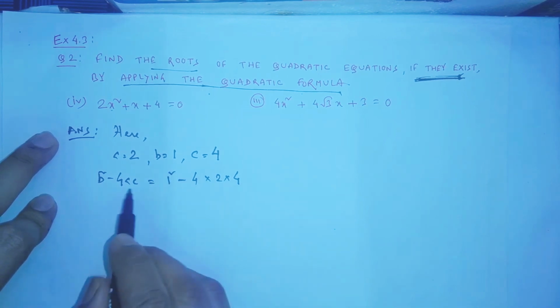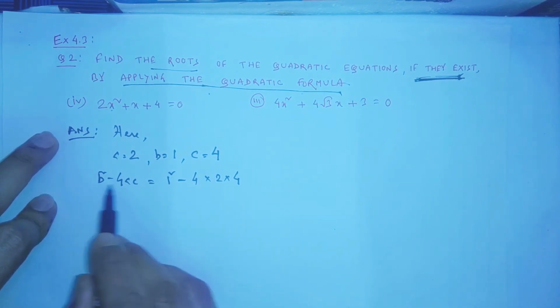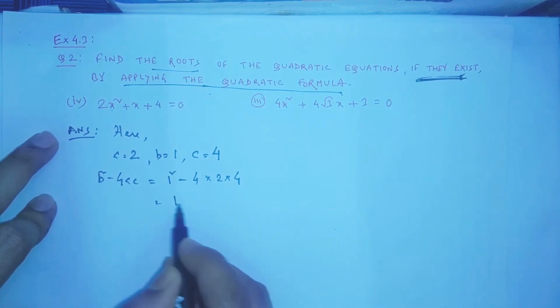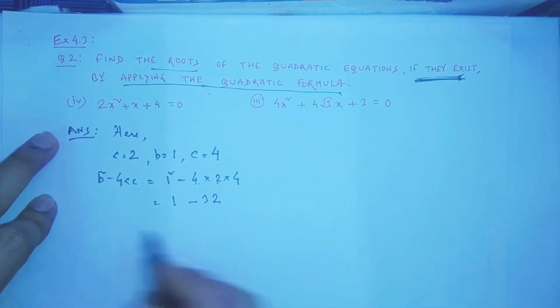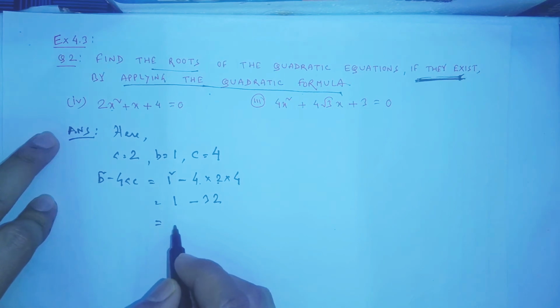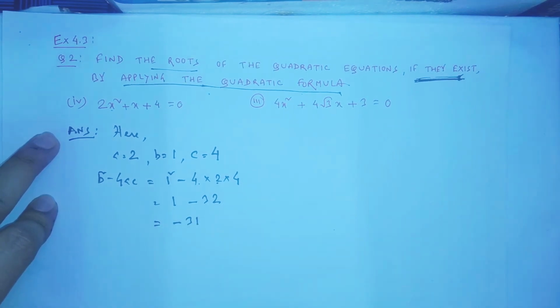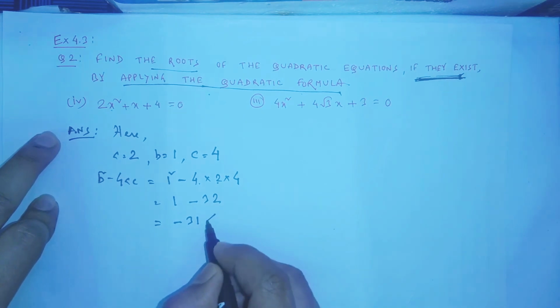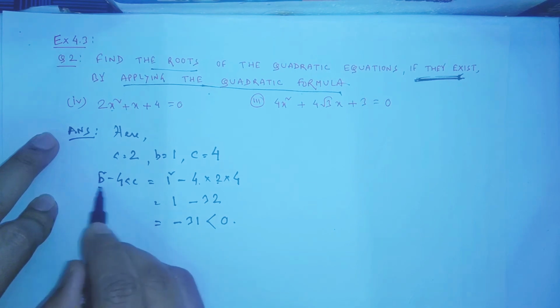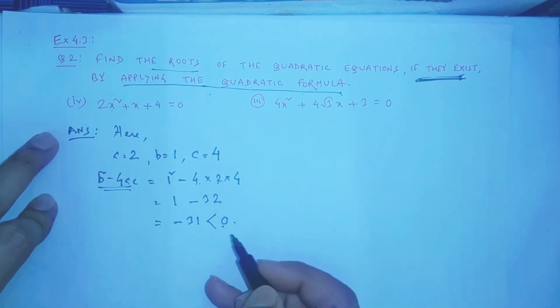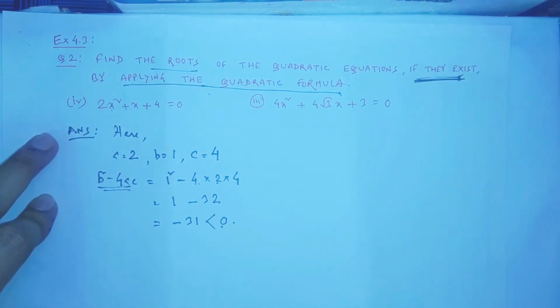Here I just put the values of a, b and c. Now 1 square is 1, 4 eights are 32. So 1 minus 32 is minus 31. Since we got minus 31, which is less than 0, as I already mentioned, if b square minus 4ac is less than 0, we say real roots do not exist.